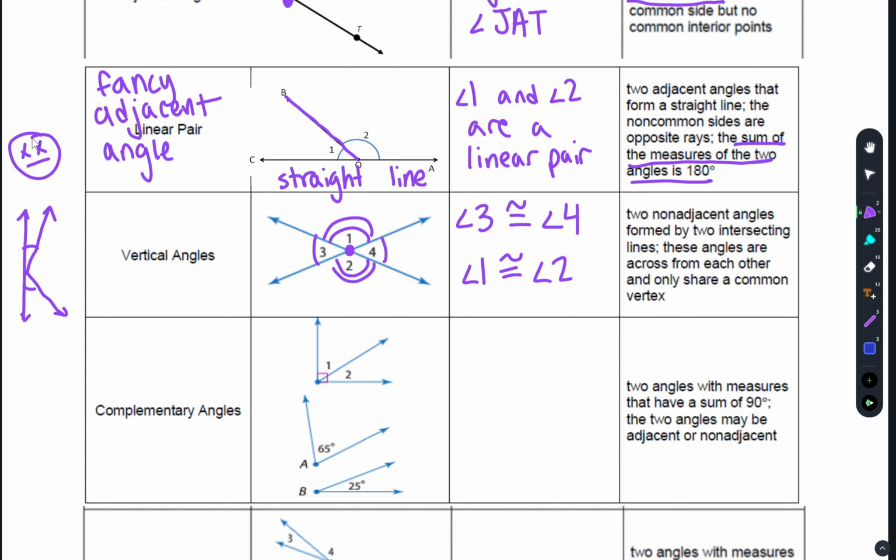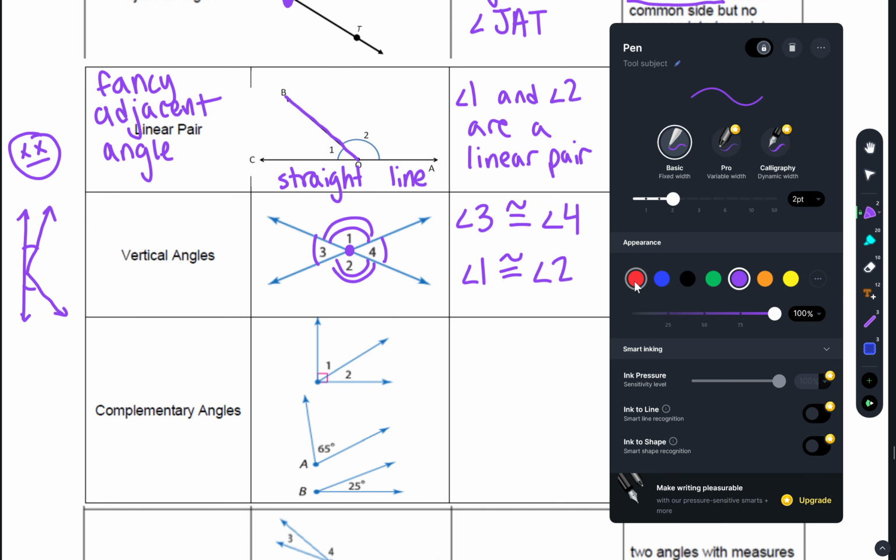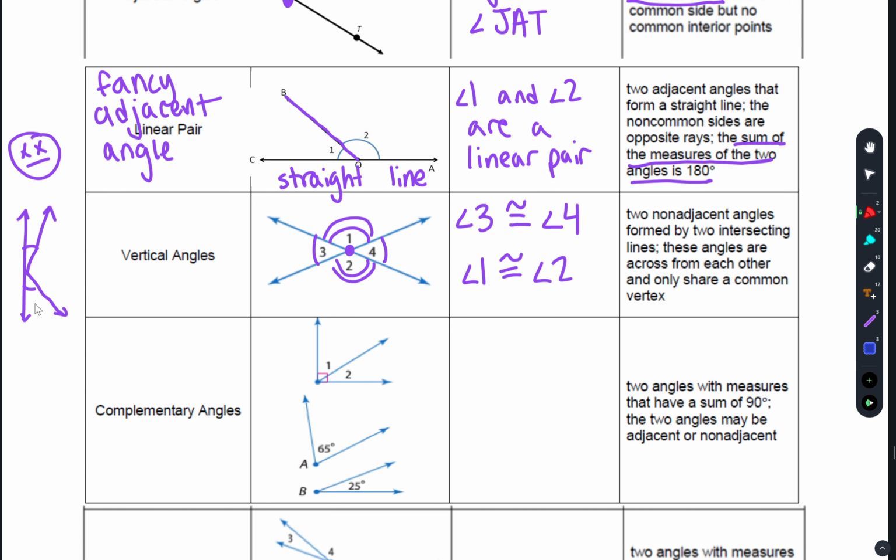That to me looks more like a K shape. Do we see how this one is kind of like bendy? Let me see if I can highlight it in a different color here. Okay, this line bends right here. This line, it bends right here, right? So those are not an X shape, that's more of a K shape. We do not get vertical angles if it is not a straight X shape like that.